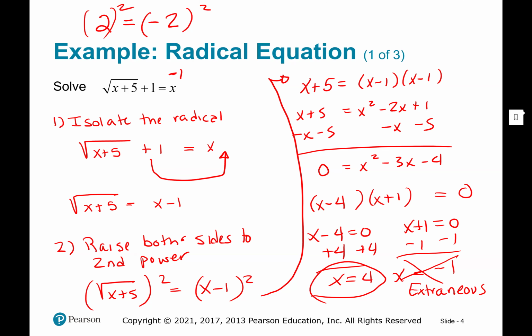So I'm going to graph the square root of x plus 5, plus 1, on one side in y1, and I'm going to graph x in the other graph.